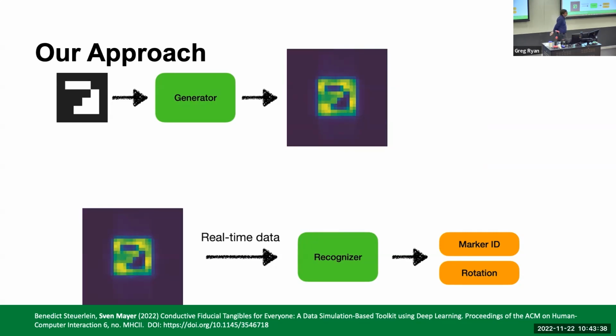Yes. So the idea is that anyone could come up with a design for a tag, and then the generator would be able to train the recognizer on that tag, and you don't need to have specifically trained the recognizer beforehand. Correct. Right.